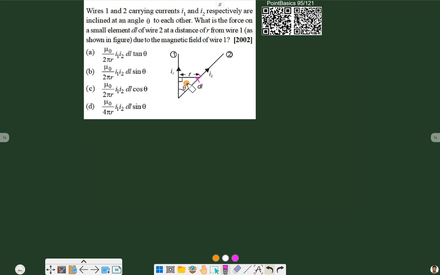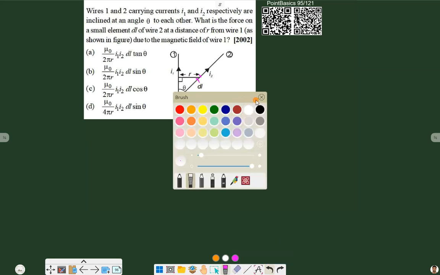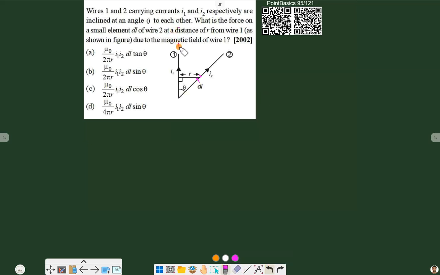Now assume that these two wires, before meeting here, are infinite wires. So extend them, so that it is an infinite wire and this is also an infinite wire. Now for this small element dl, we have one angle, that is theta, and we can also assume another angle, that is phi.